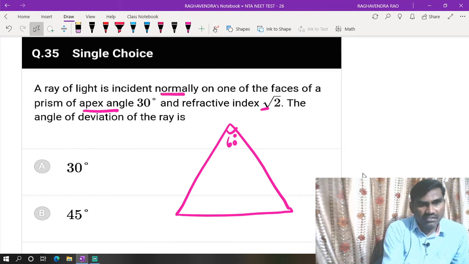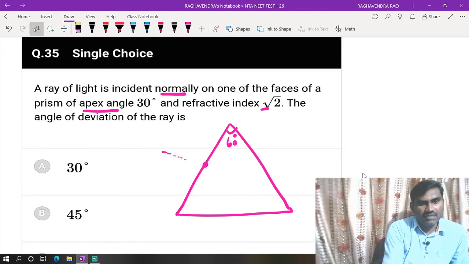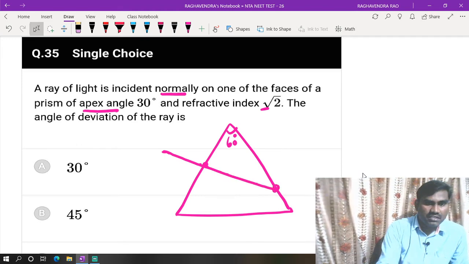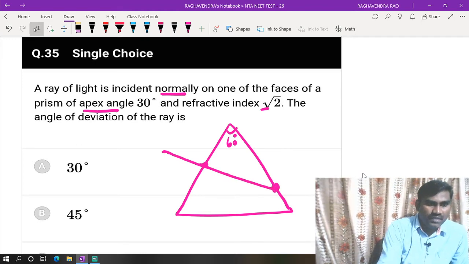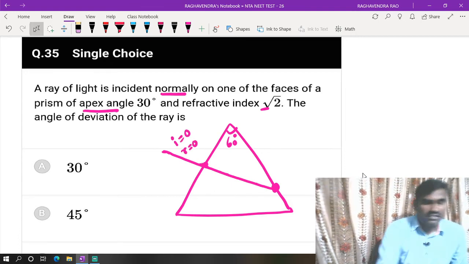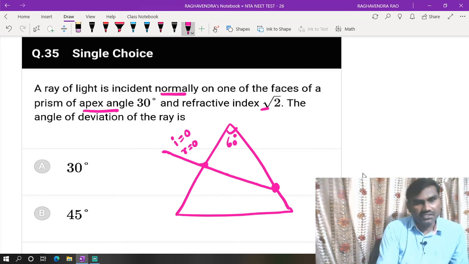A ray of light is incident normally on one of the faces. Now this ray is incident normally like this and reaches another point here. Angle of incidence is 0, and the angle of refraction is also 0 in this case.